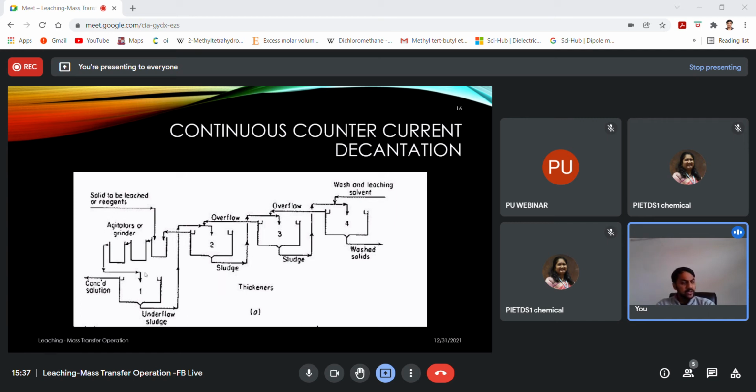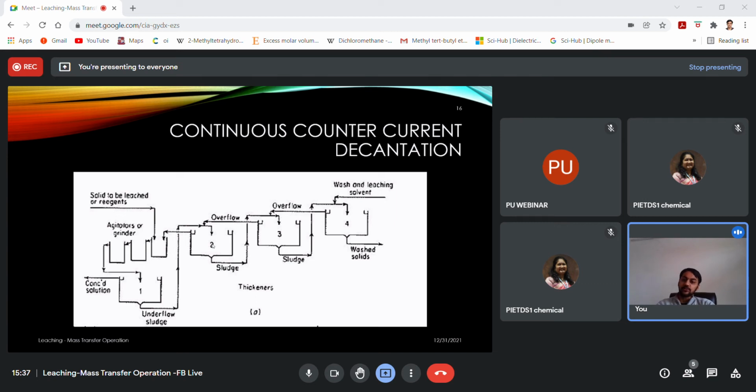So again it is a counter current operation, where the sludge travels from the underflow and is fed to tank number 2. The sludge means solid. So that solid is traveling to tank number 2, while the solvent is added from tank 2 to 1.